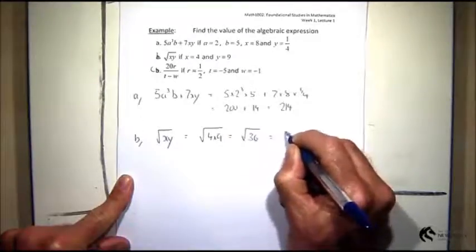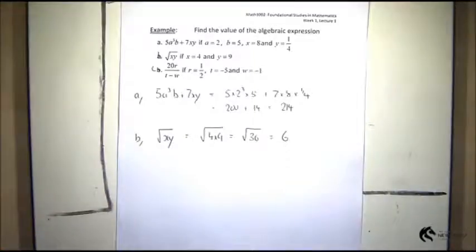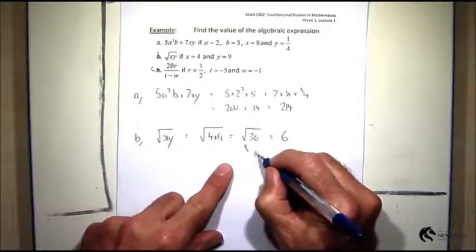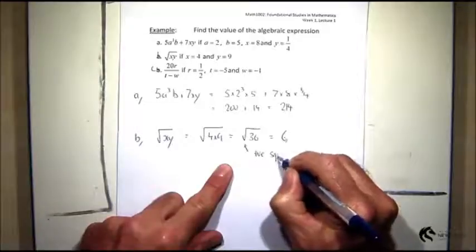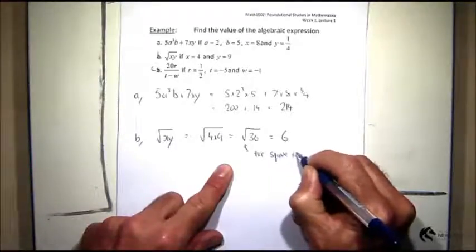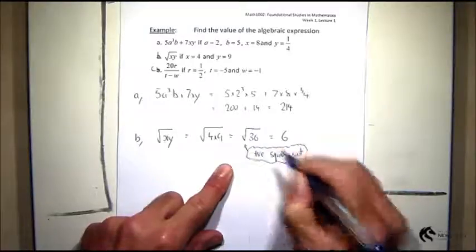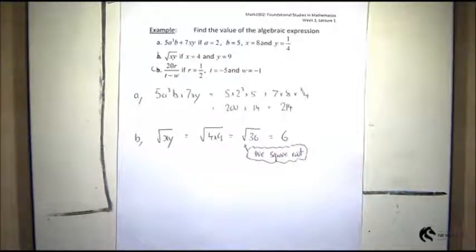The square root of 36 is 6. Remembering that our square root sign means the positive square root. So that symbol is the symbol for the positive answer, because we know that I can multiply minus 6 by minus 6 to get 36. That's the positive square root.